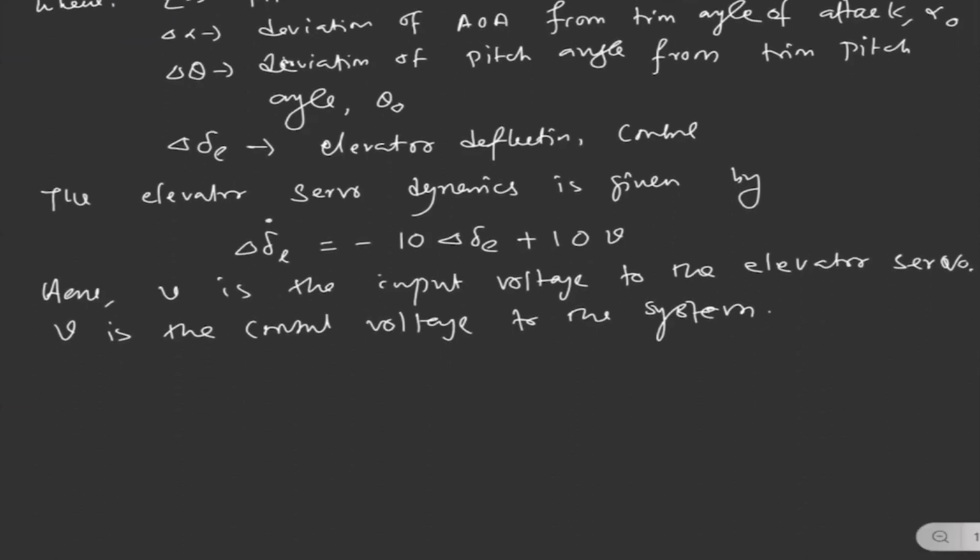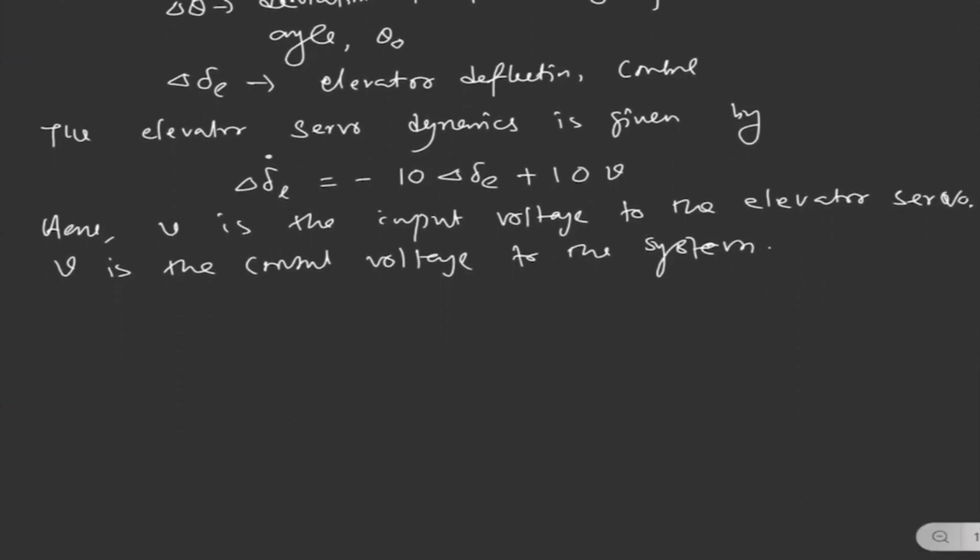And if you see the closed loop block diagram for this particular system, we have to design a PID controller. We'll go step by step how we can design the PID controller for this. This is PID control.